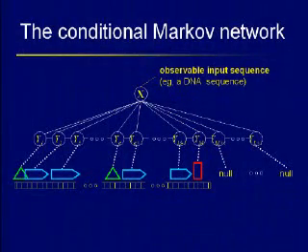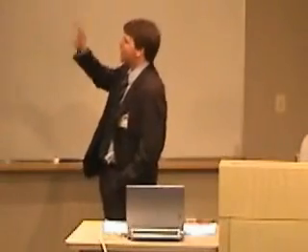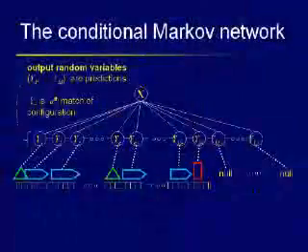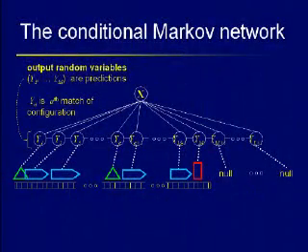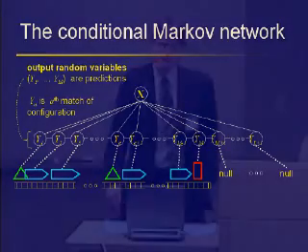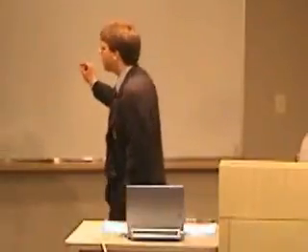Now I'll go into a little more detail on the structure of this model. This model has a single variable X, which corresponds to an observable input sequence. In our case, this is a DNA sequence. And we have a set of output variables, the Y's, Y1 all the way through Y_{L+1}, where L is the length of the input sequence.